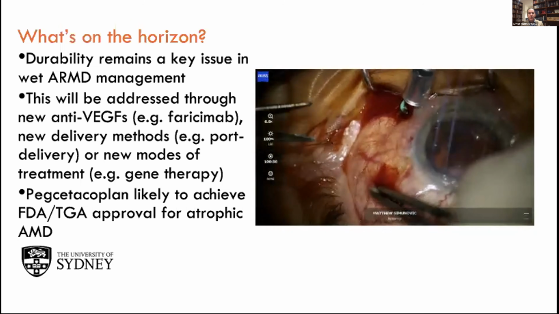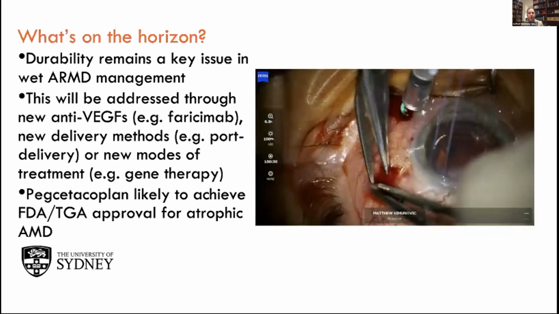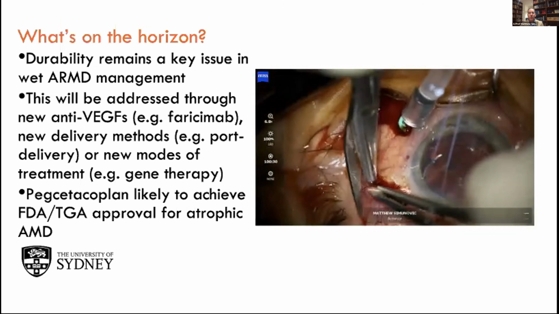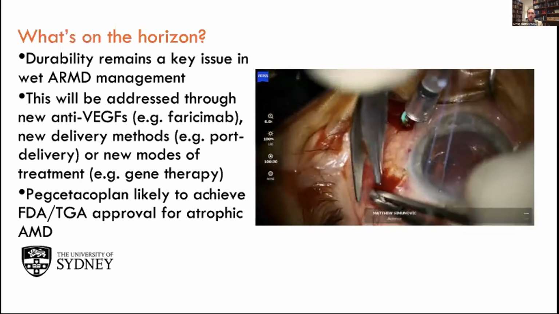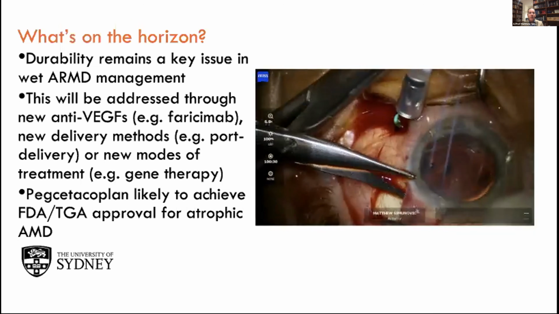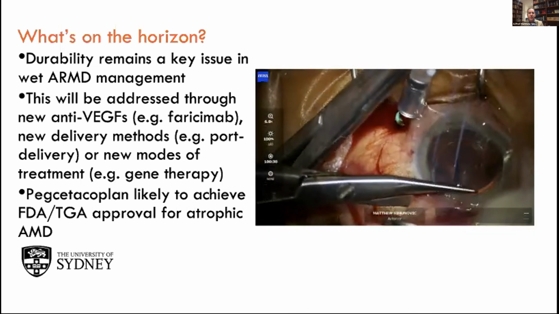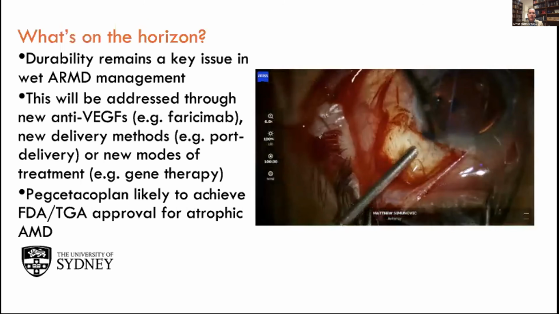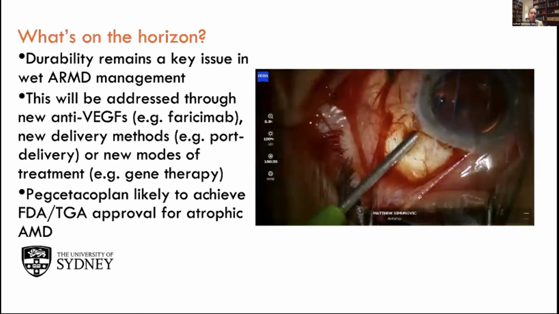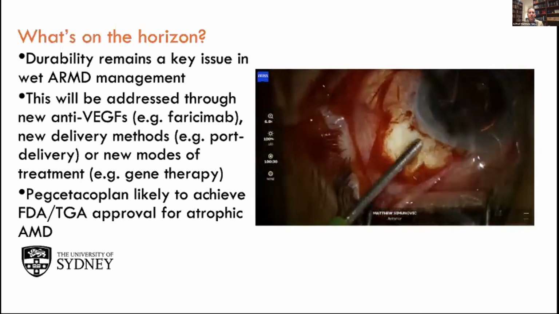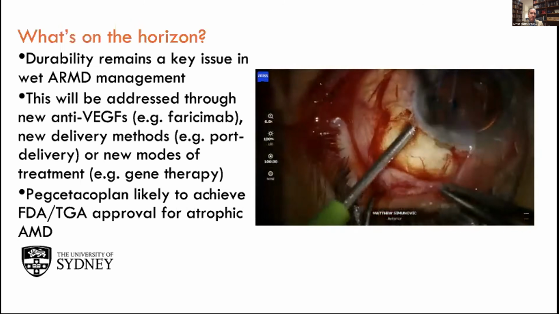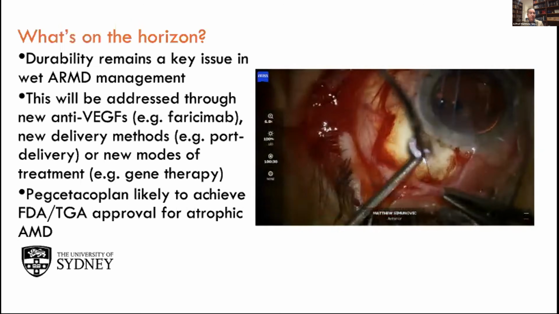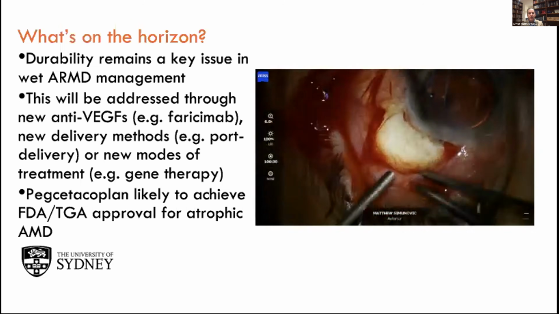Other approaches are being developed as well. For example, a port delivery system has been approved by the FDA recently. I've got a surgical video of a patient undergoing this procedure at Sydney Eye Hospital because we're involved in a clinical trial in which this port delivery system is placed. We place this surgically into the sclera.